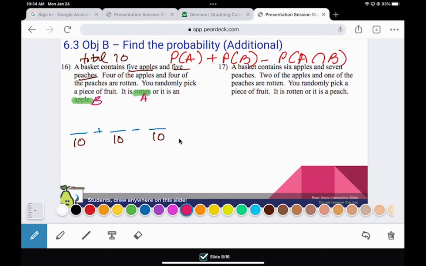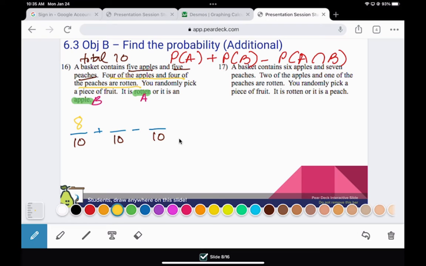So here, the first one is rotten. How many fruits are rotten? You go back to the problem, which says 4 of the apples and 4 of the peaches are rotten. So they tell you clearly how many are rotten. 4 and 4, so we have a rotten fruit. We don't care which. This one is just rotten, meaning the fruit is not good. It could be a peach, it could be an apple. We just know that it's rotten.